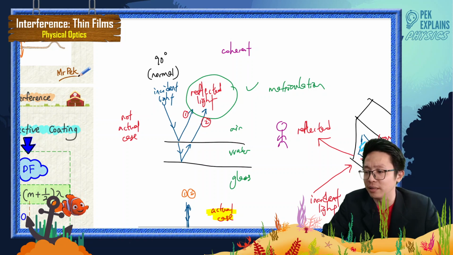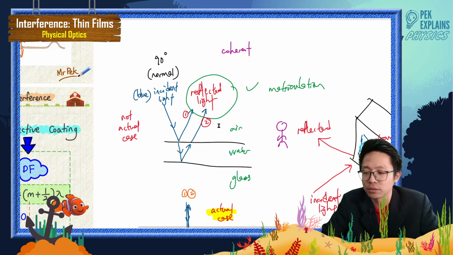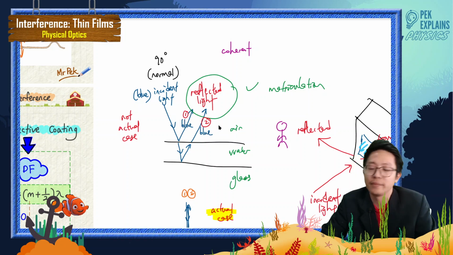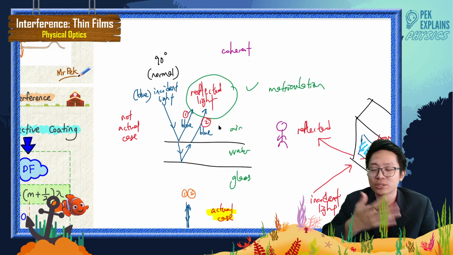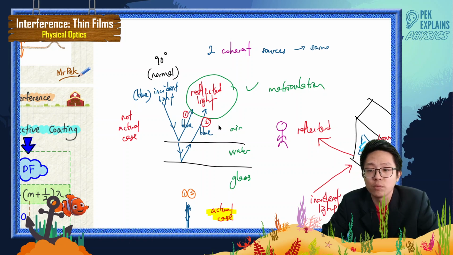So if the incident light is a blue light, the one reflected is also blue light, and blue light. So they are coherent. There are 2 coherent sources of light. Why do we say that? Because they have the same wavelength, or we can say monochromatic.